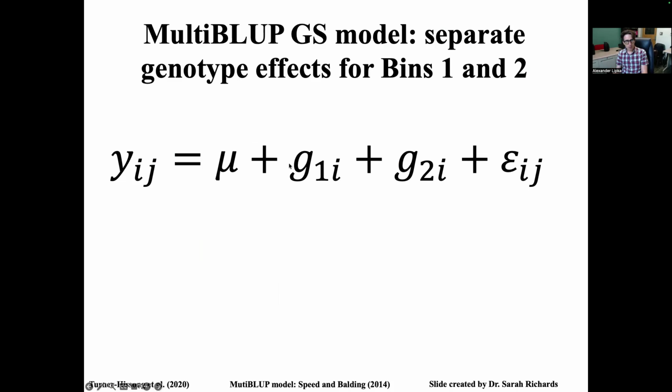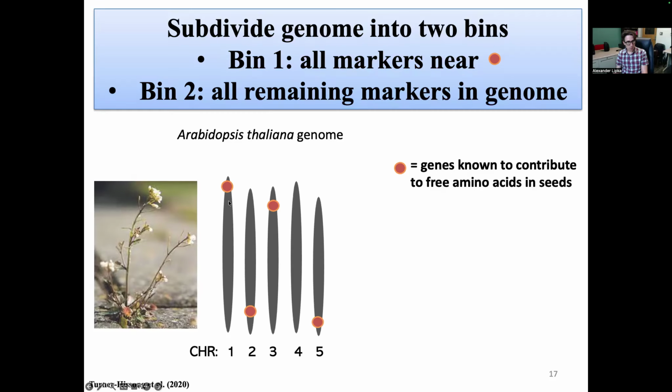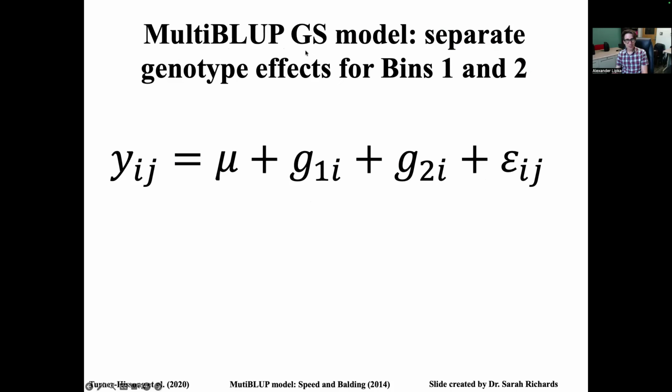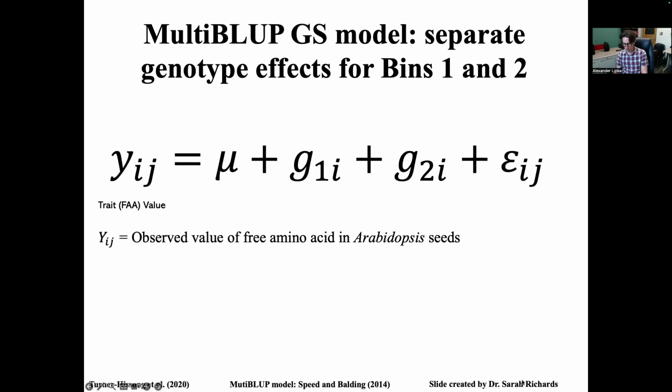So the way we account for these orange dots is we would fit this multi-BLUP genomic selection model. This slide was created by my postdoc, Dr. Sarah Richards. So Yij, this is the observed value of free amino acid in Arabidopsis seeds. We have a grand mean.